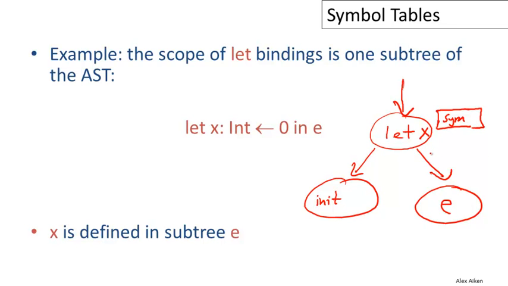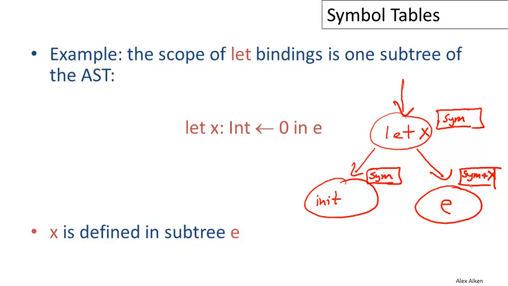And what is going to happen here? Well, the first thing we're going to have to do is process the initializer. Whatever function we're doing on this, like type checking or whatever, we might go down and process that first, and we'll pass the symbol table in. Then we're going to process the body of the let. But when we do that, we're going to pass in the set of symbols that are in scope, but also, X is now going to be in scope.